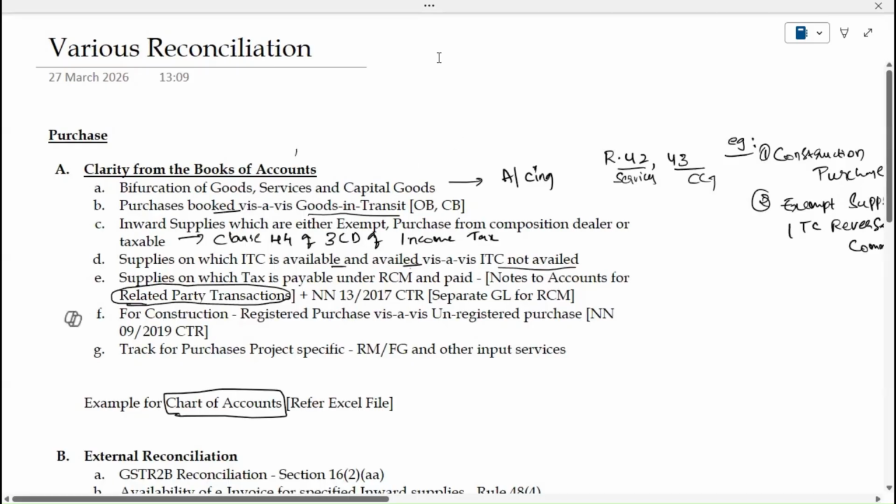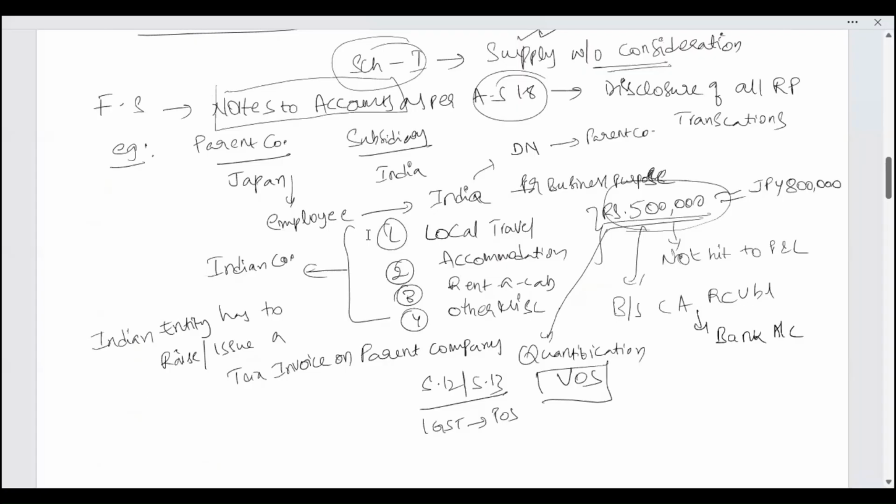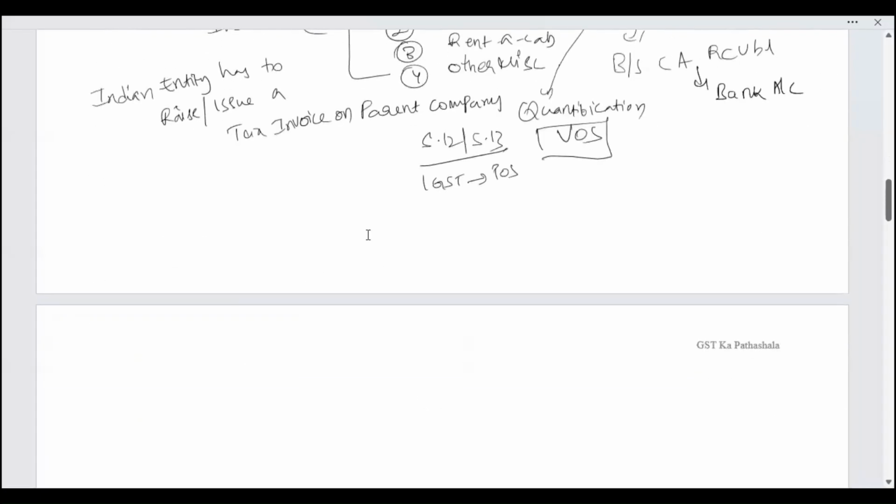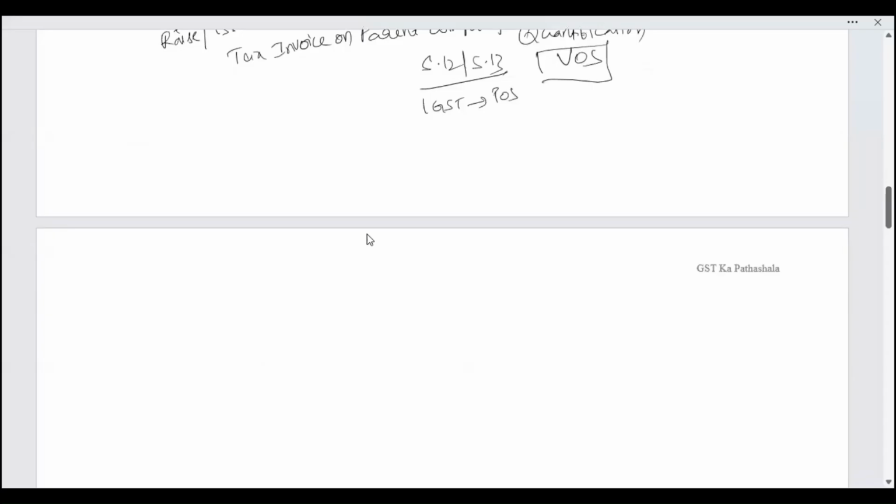So what we need to understand again here is, whenever RCM is paid, GST paid on reverse charge mechanism, look into expenses, domestic.